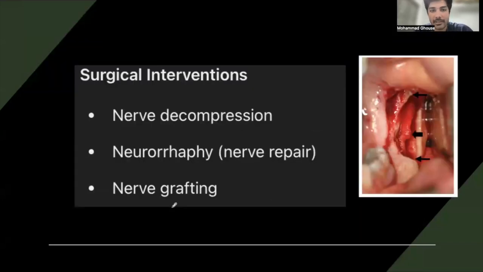Surgical interventions include nerve decompression, neurorrhaphy, or nerve grafting. Nerve decompression is done in complete anesthesia of the inferior alveolar nerve. Sometimes bony fragments get lodged into the canal, causing this complete anesthesia.